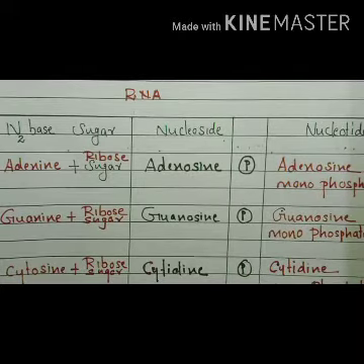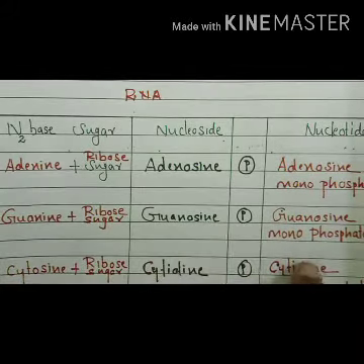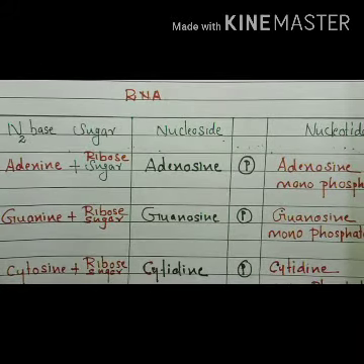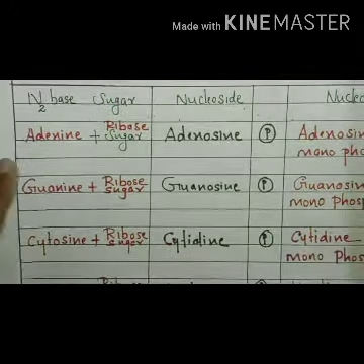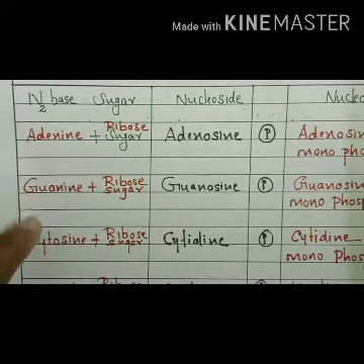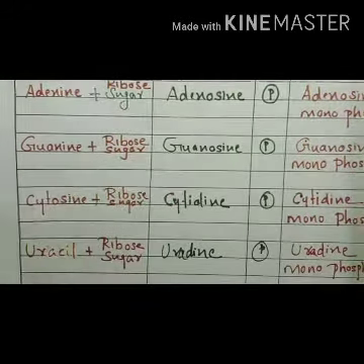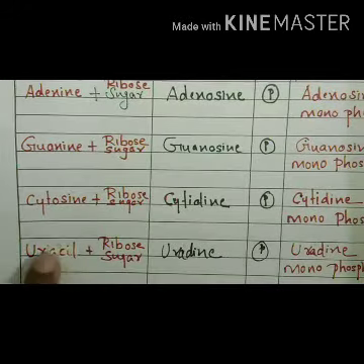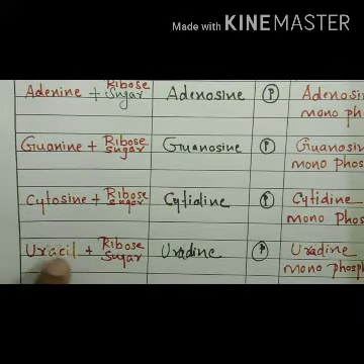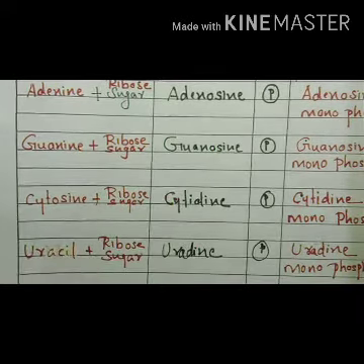First of all, the four types of nucleosides and nucleotides present in RNA can be seen here. The four types of nitrogen base present in RNA are adenine, guanine, cytosine and uracil. Not thymine; instead of thymine, here we can see uracil.